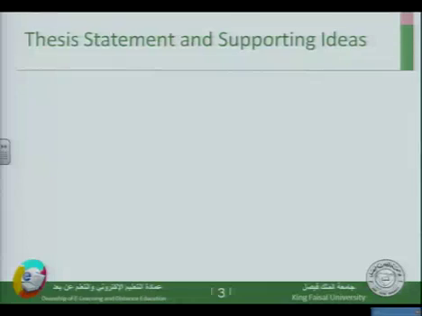What I can say to you right now is that it just gives a sense of organization right from the start of your composition or essay. It makes the reader oriented, and it kind of explains what the reader is going to expect to find in the following lines after the thesis statement.